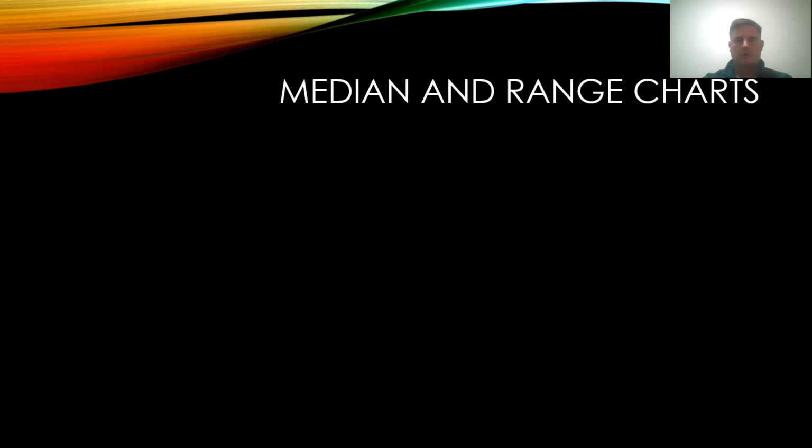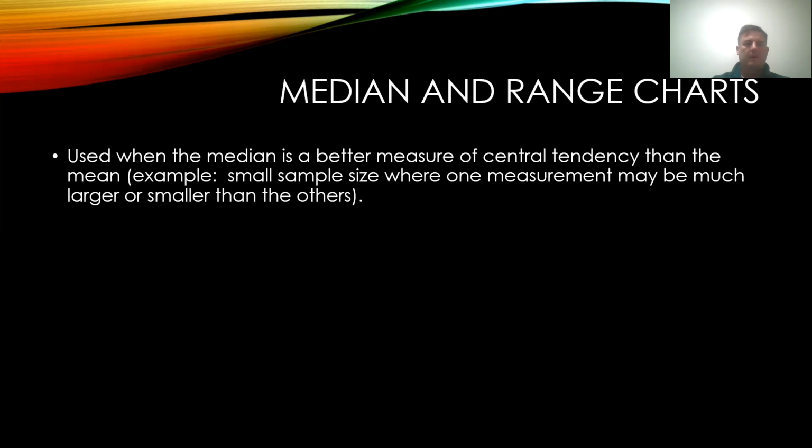The next one we're going to talk about is the median and range charts. The median is a better measure of central tendency, right? So we want to understand that central tendency, rather than the mean itself. An example is a small sample size, where one measurement may be much larger or smaller than the others.